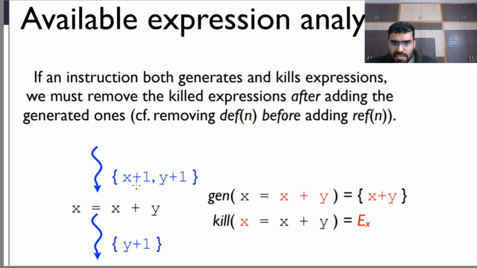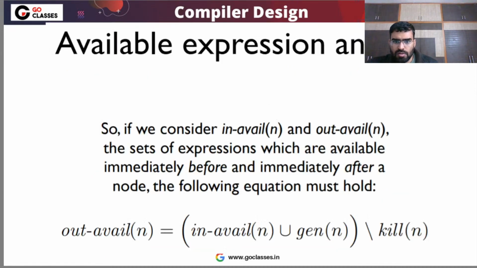Correct or not? This is what I am saying: x plus y also will be killed. So this x plus y will be generated and after that, because of this x, it will be killed. This is the point.